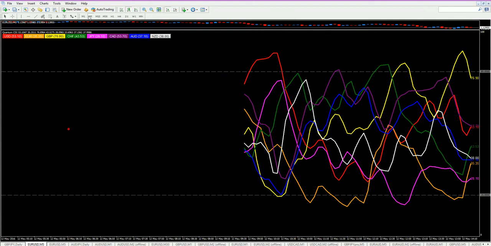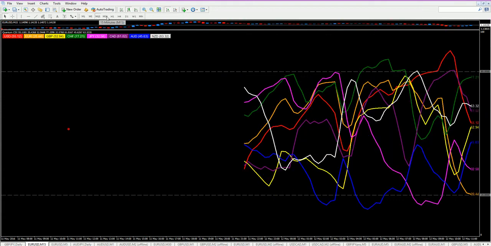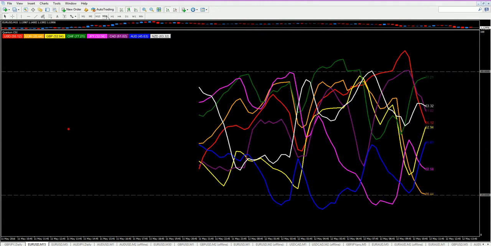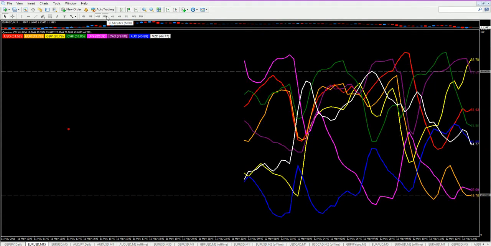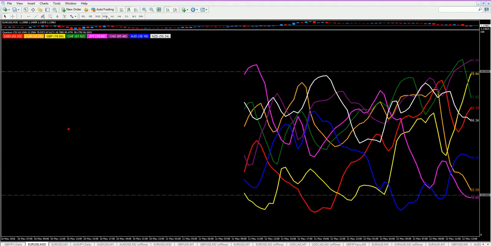If we go down to the 5 minute, the 15, wait for that to update, and the 30, the British pound is reaching a point where we could possibly start to see some selling. But do remember, currencies, markets, they can stay overextended for an awful lot longer than we can stay solvent.